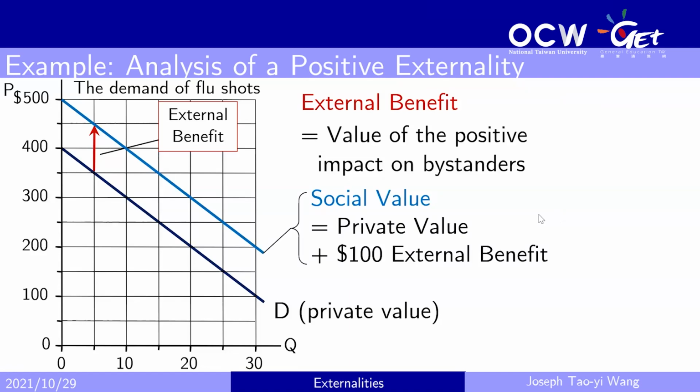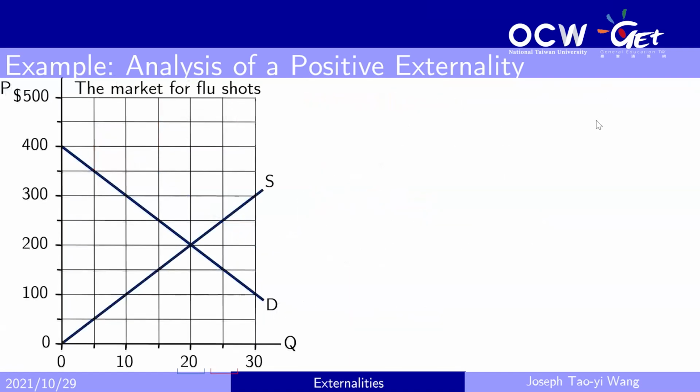So you're basically shifting the demand curve up by exactly the amount of the external benefit. In this simple example, it's $100 regardless, and that will be the social value curve. And so just like the social cost curve, when it differs from the supply curve, you create problems for the market. When the social benefit is different from the demand curve, you have a problem.